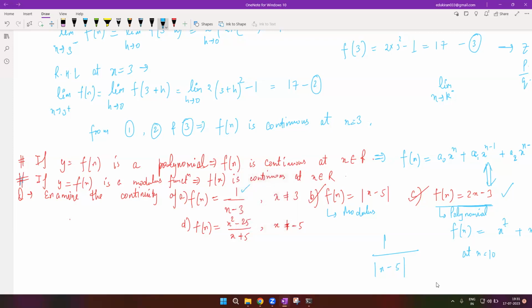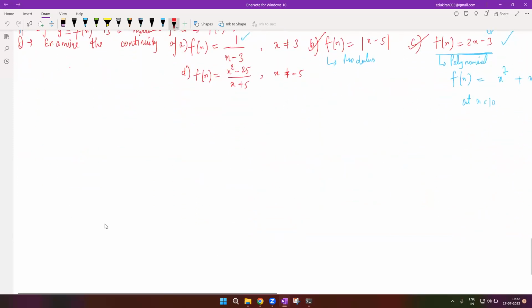Right. Now let's come to A and D. First of all, I have already explained what kind of functions A and D are. A and D are rational functions. Now, how do I identify whether a function is rational or not? To identify whether a function is rational or not, I'm writing this.